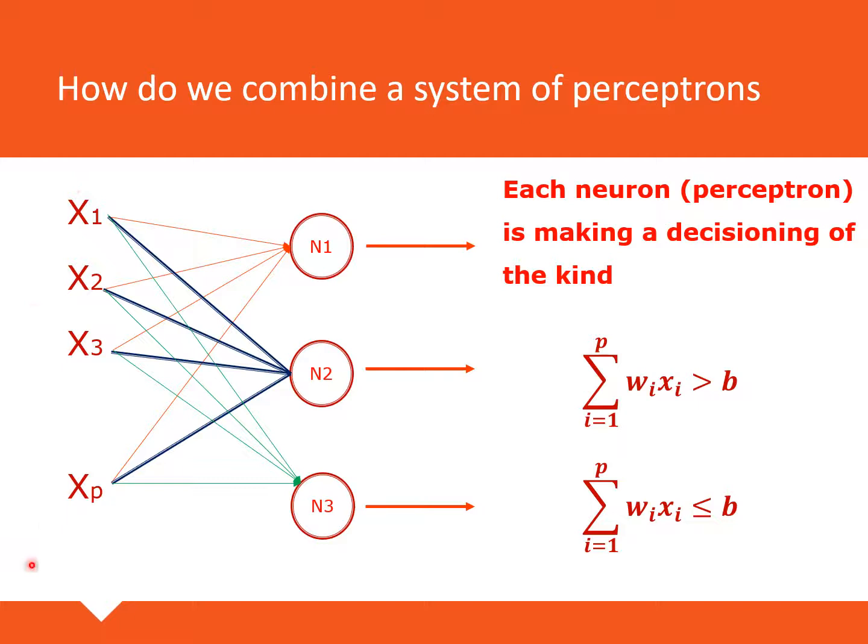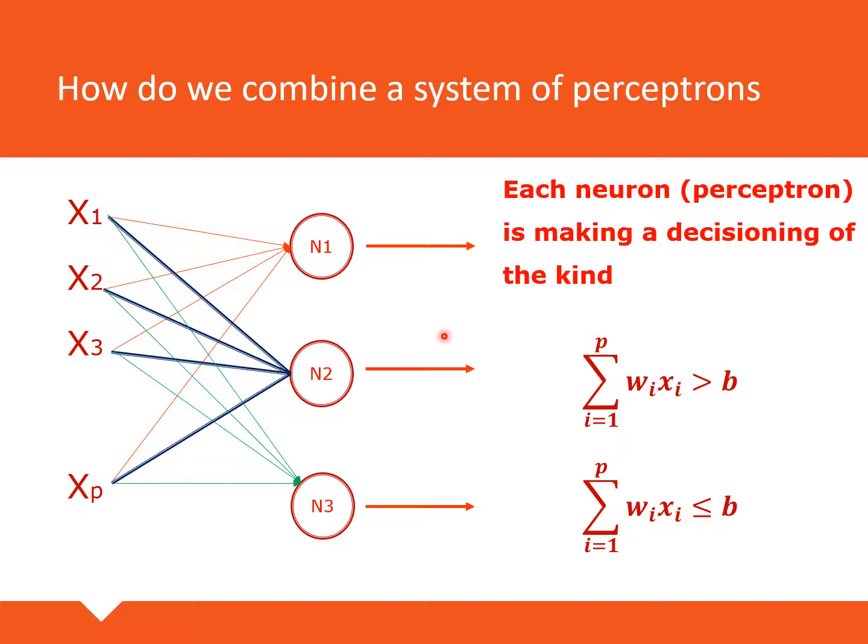Here we are looking at a similar setup, a more generalized form. There are p features on which information is available, and assume that here we are up to a very complex decisioning task for which maybe one neuron is not sufficient.